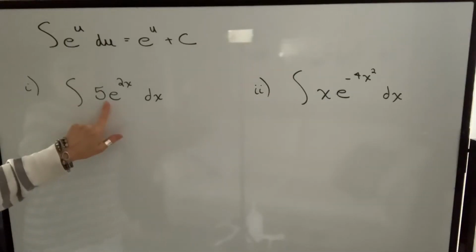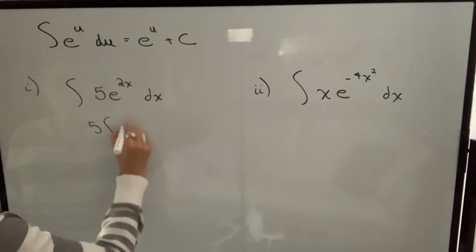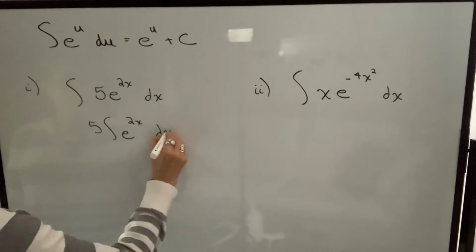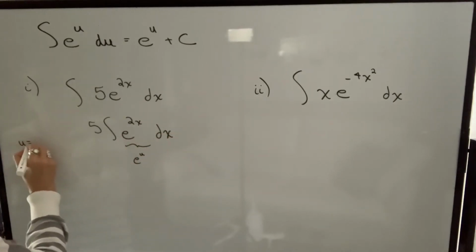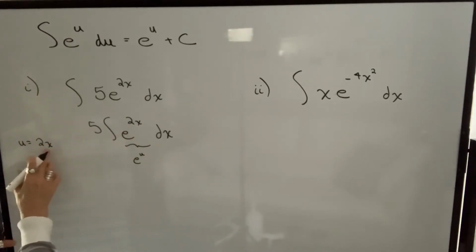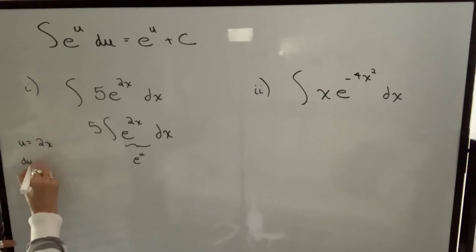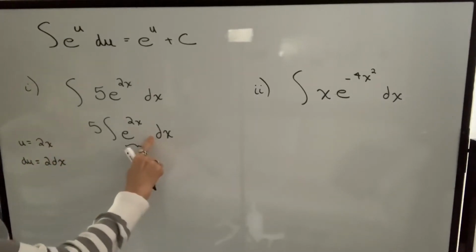In our first example, you could move the 5 outside the integral sign if you want. We know we're going to be using the pattern e to the u. So we're identifying u as 2x. The derivative of 2x is 2, so the differential is 2dx. I'm missing that 2, but that's fine.